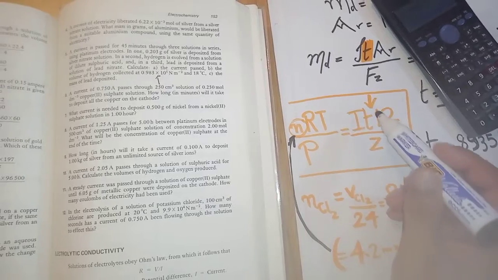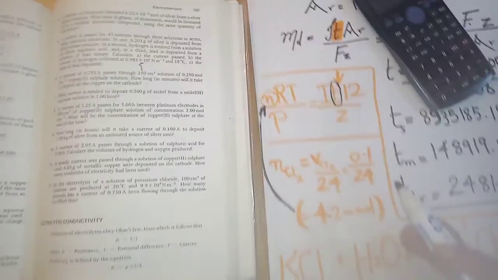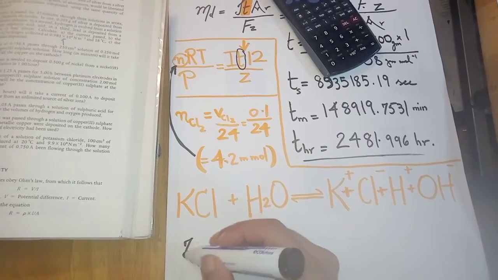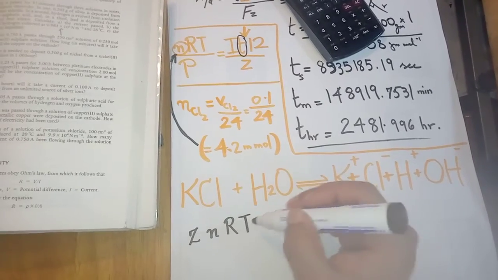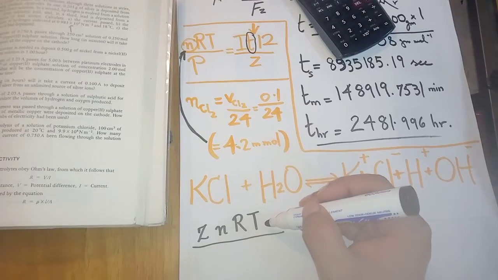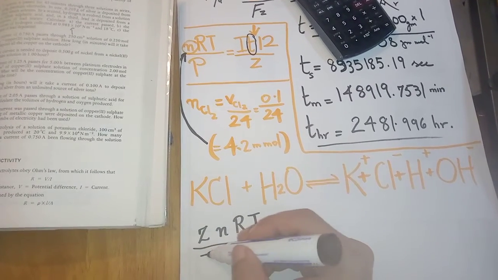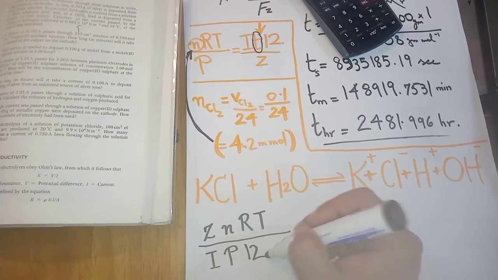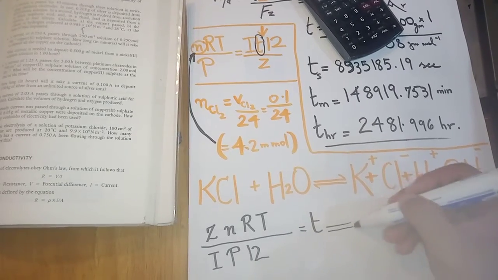And then find out the time. Now the equation for time in this case would be ZNRT, that's the T for temperature, divided by IP12 equals T.